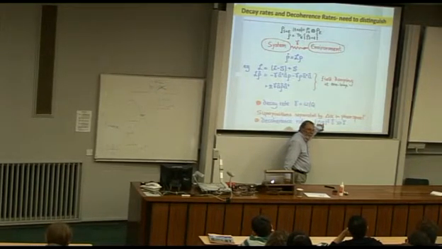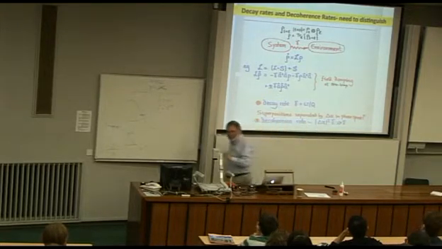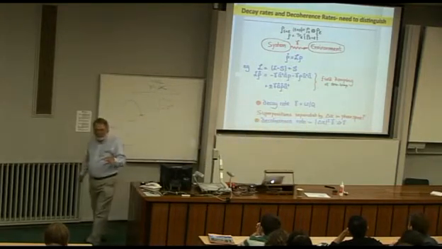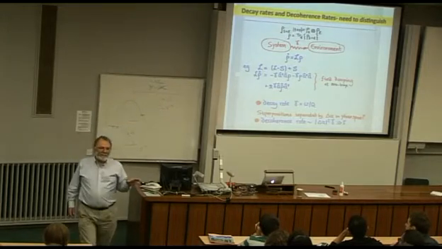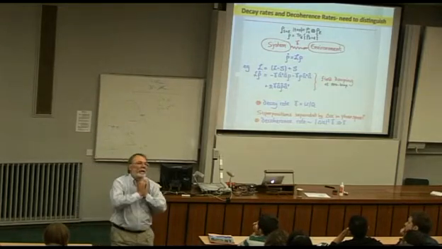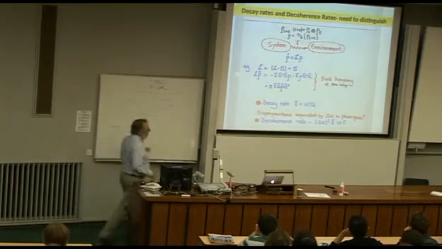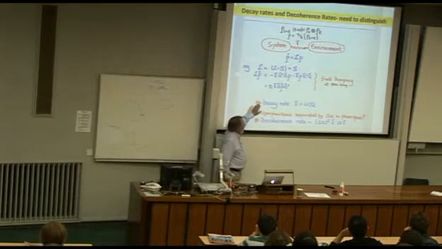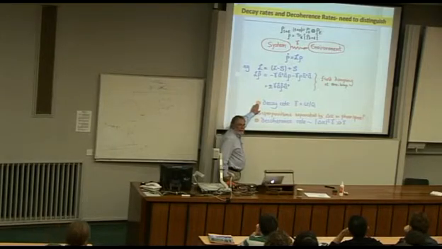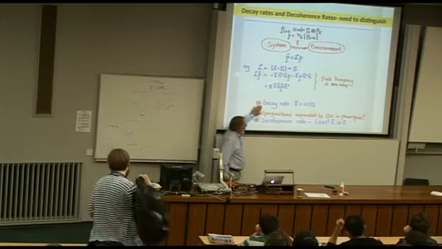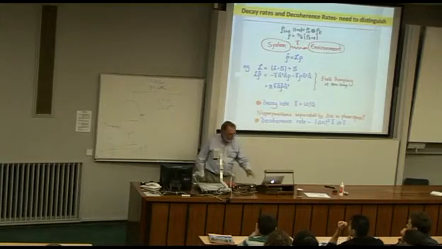And that's much, much faster than the energy decay rate. So superpositions are decohering much, much faster than the energy is going. That's why I want you to distinguish energy decay, that's dissipation, from superposition decay.